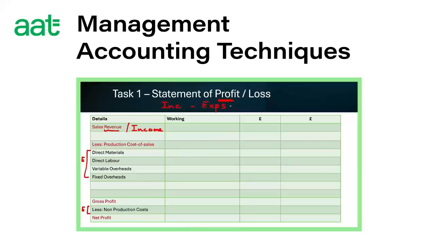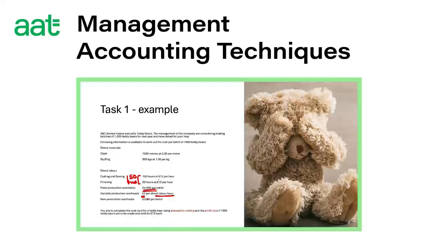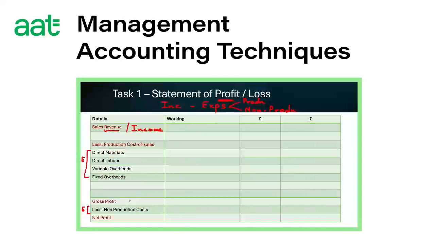Now, these expenses might be production costs, and might be non-production costs as well. You've got to take all of them off. Remember, when we worked out the absorption cost of a teddy bear, we did not take the non-production overheads into account. The absorption cost is effectively the production costs. So we're going to take into account the production and the non-production costs.